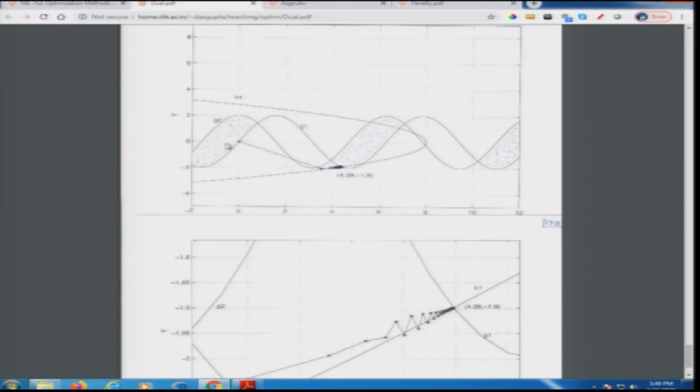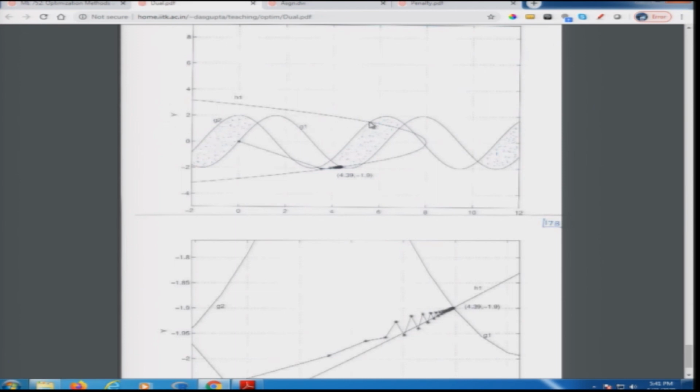Over and above that, there is an equality constraint, which means any shaded region of this plot which falls inside the parabolic curve is the domain.